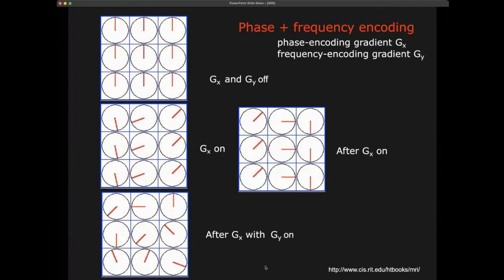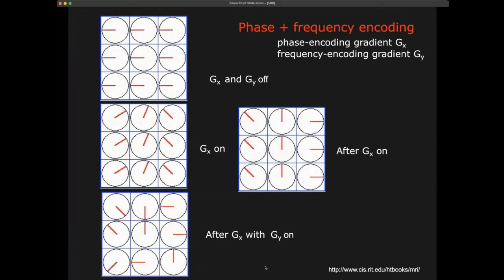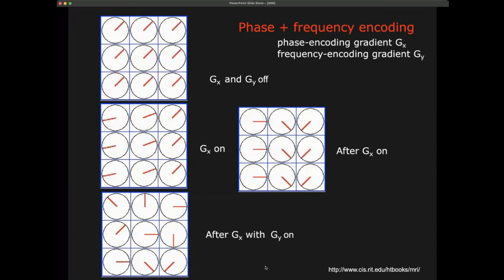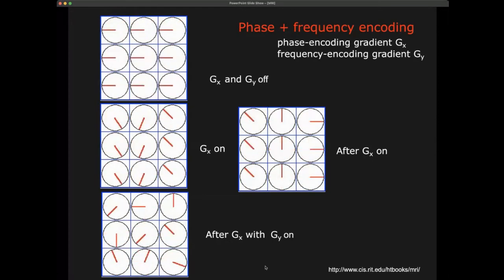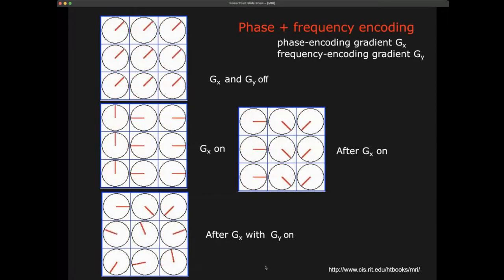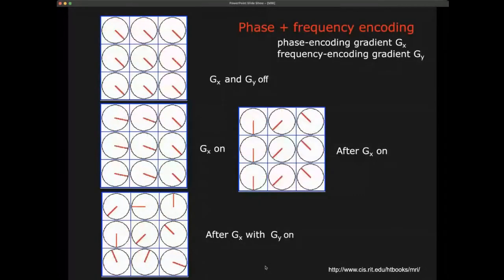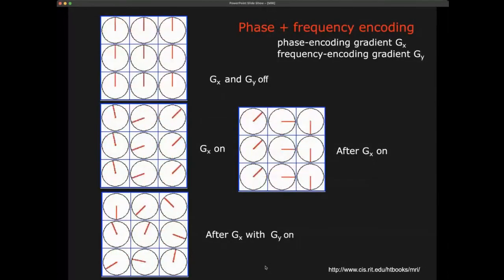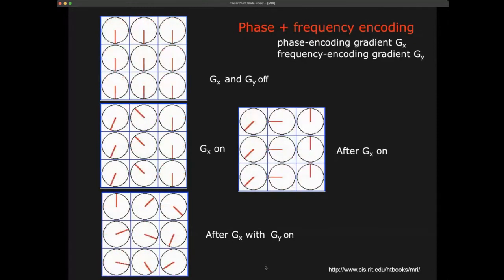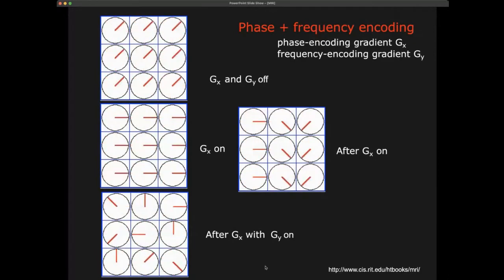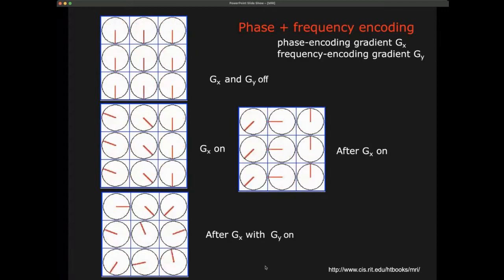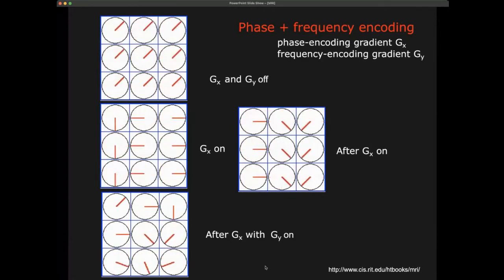So we start with the starting situation where the body is in the big magnetic field. All protons are directed in this magnetic field, so in the direction of the tube. Now I change the magnetic field at every position in the z direction by adding a z gradient.